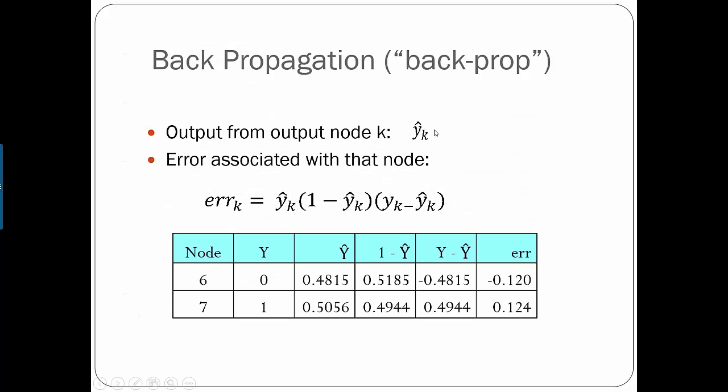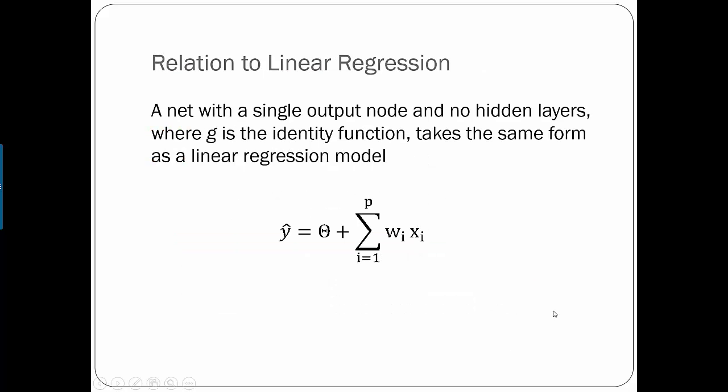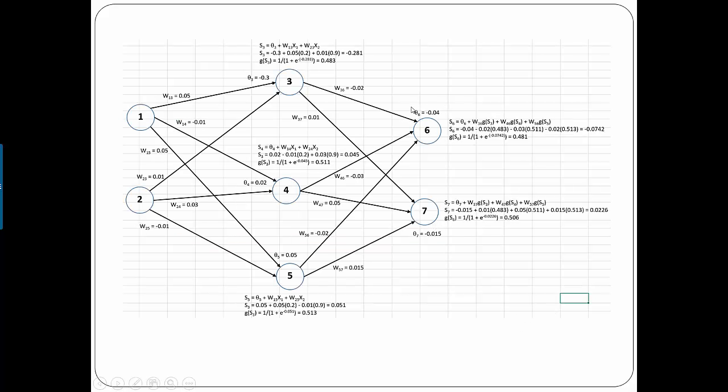The error for 6 is minus 0.12, error for 7 is 0.124. These two errors are propagated back to 3 based on these weights. You multiply the error of 6 with the weight and error of 7 with the weight, and that sum becomes the error for node 3.